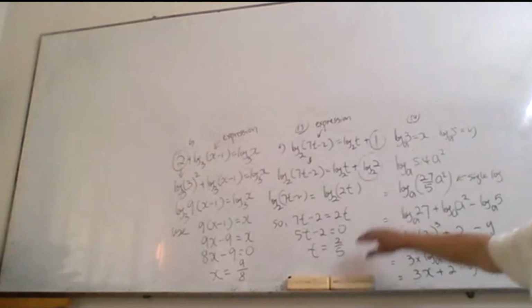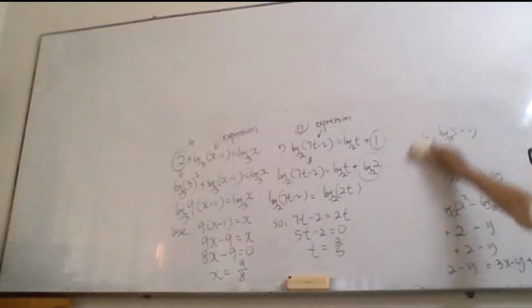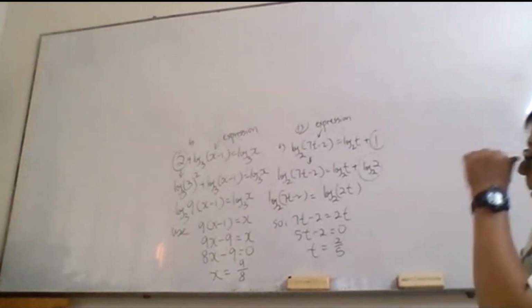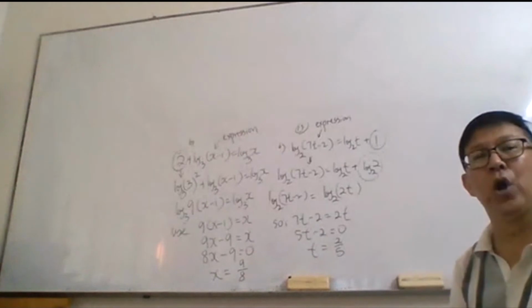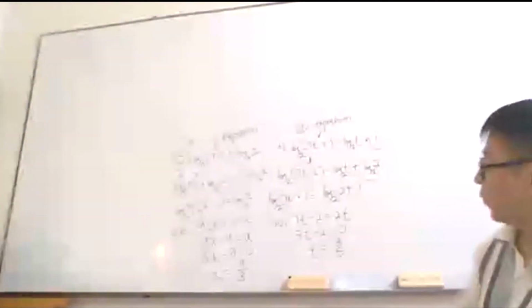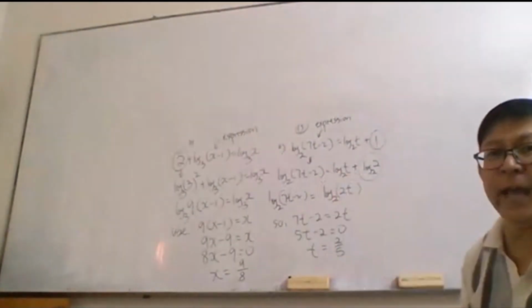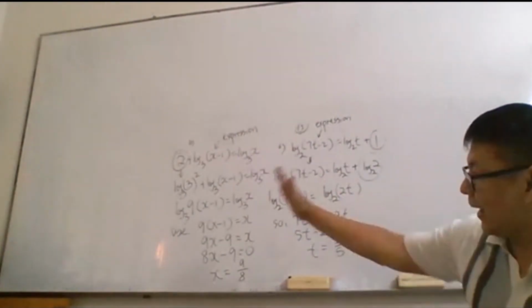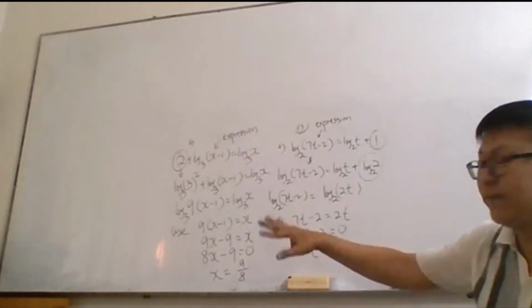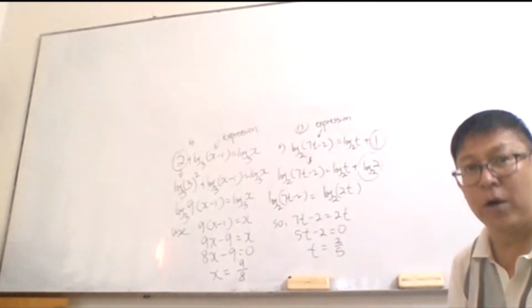Okay, I want to wrap question 14 so you can see the rest so clearly. Remember, if a question gives you a single logarithm, then you can split it into 2 or 3. If the question gives you 2 or 3 logarithms, we can combine them together as one, so that the left hand side is equal to the right hand side, and then you can equate and find the value of x.